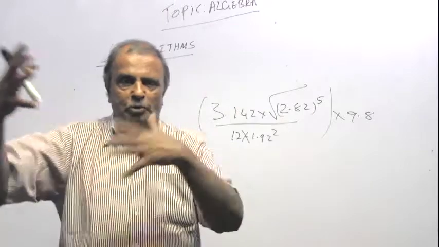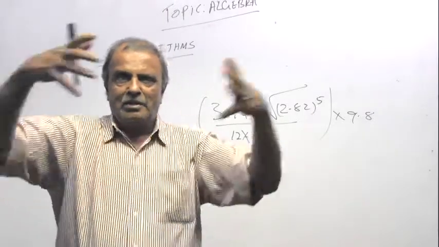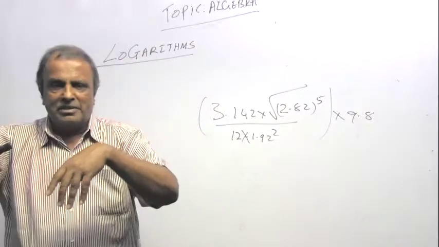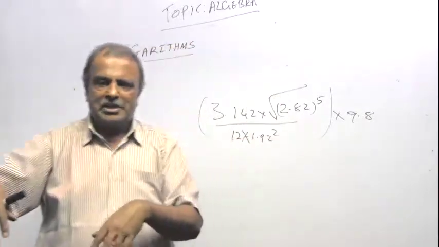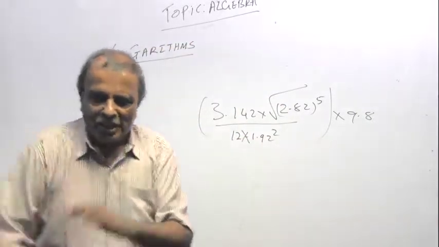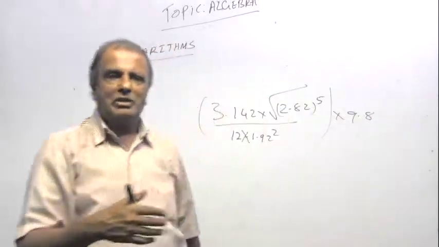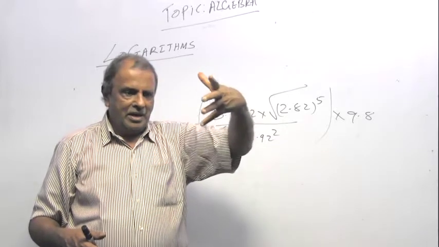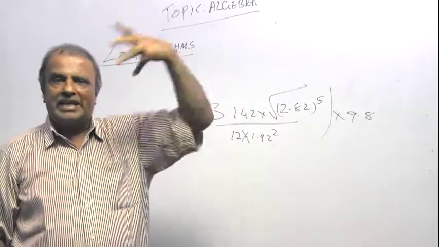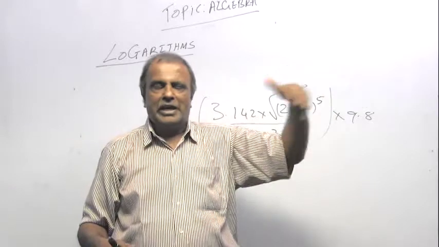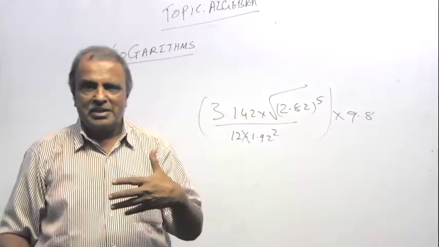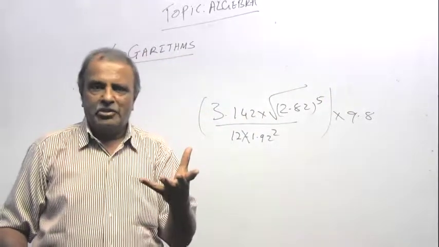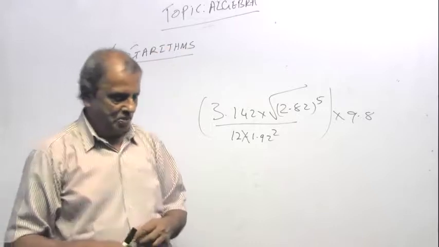So they could convert all the multiplication to addition and all the division to subtraction, and once you get the answer, convert them back to the number you require. That means we have to find a relation between multiplication and addition, or division and subtraction, something like that. So that's how the concept started.